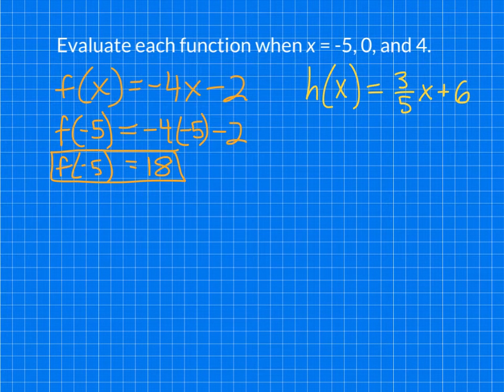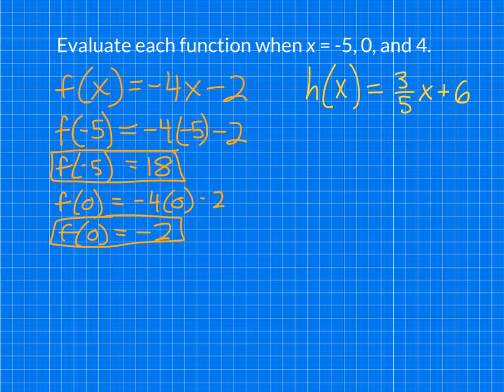And now we just have to do that for our other two values. F of 0 equals negative 4 times 0 minus 2. So f of 0 equals negative 2. Negative 4 times 0 is 0, minus 2 is negative 2. So there's f of 0. And now we find f of 4.